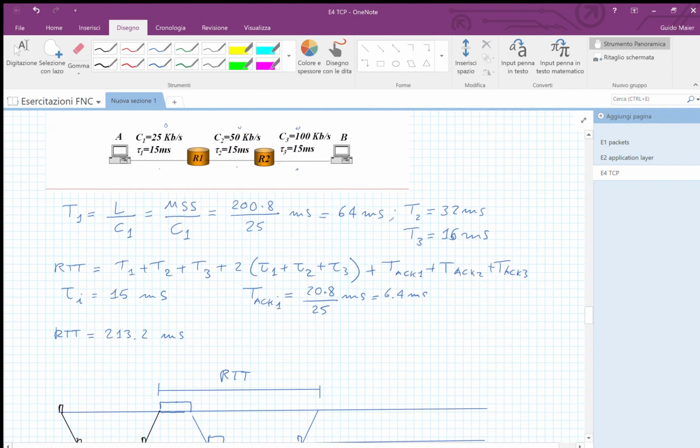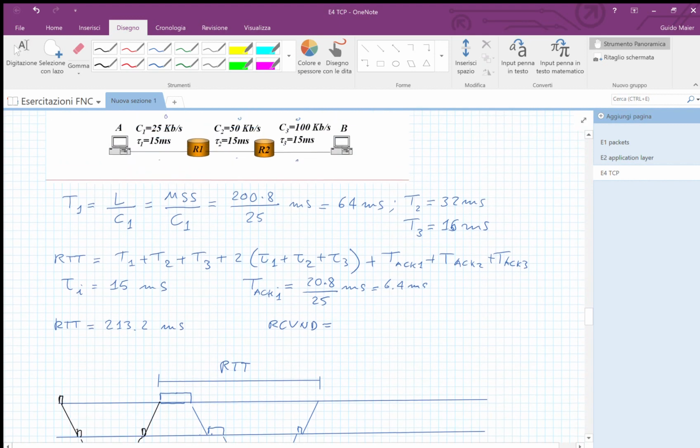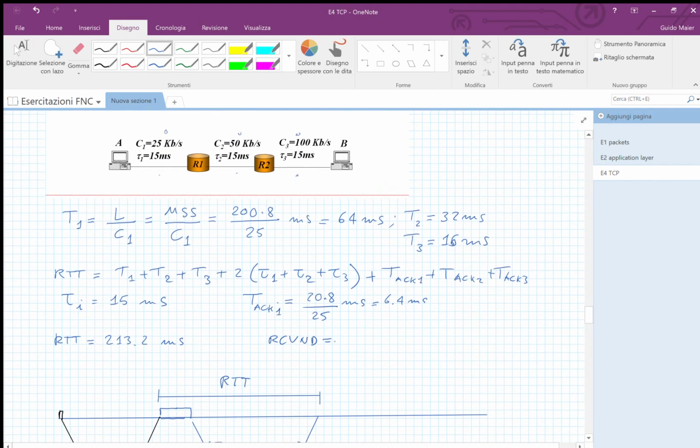I forgot to write this. So the receive window is equal to 4000 bytes. Since the maximum segment size is 200 bytes, the receive window is 20 times the MSS. Okay.